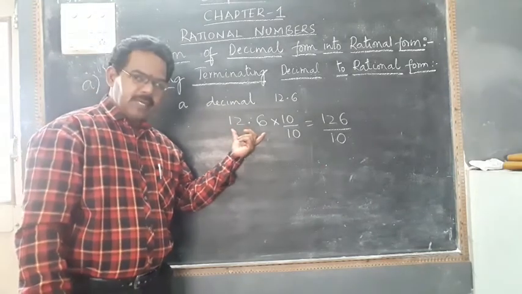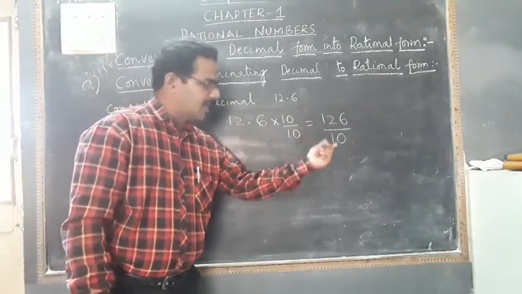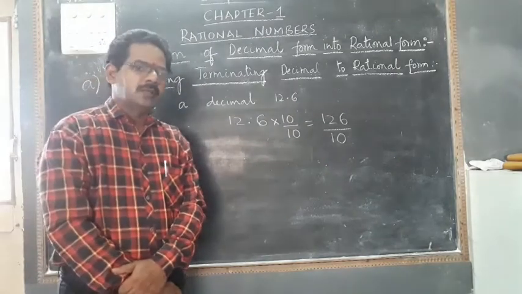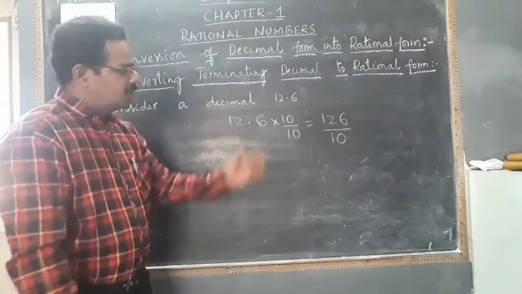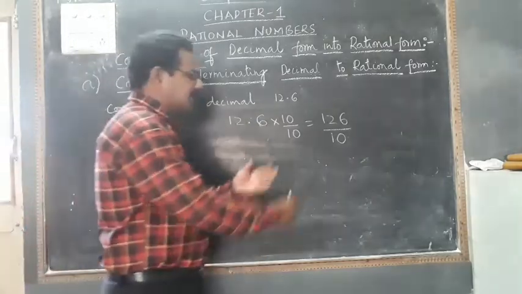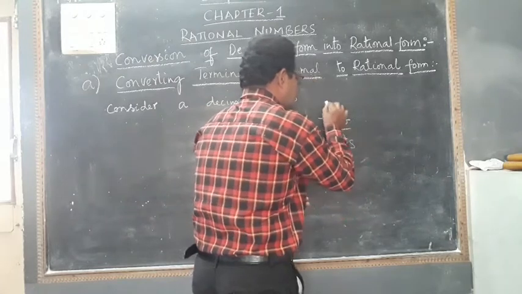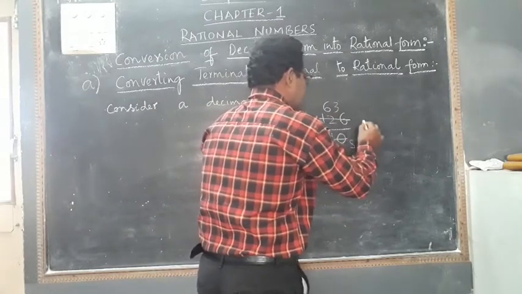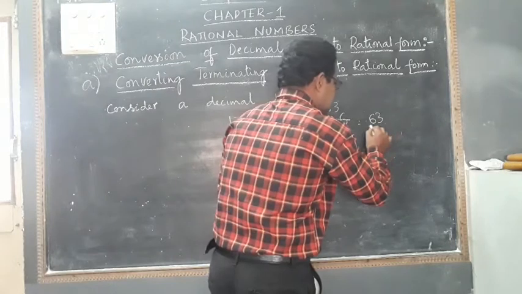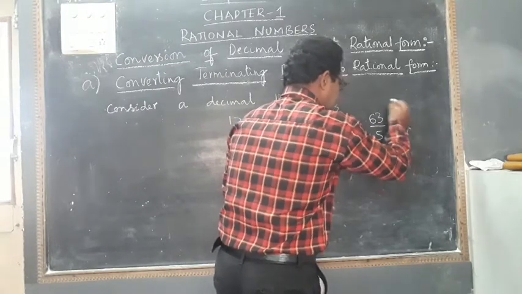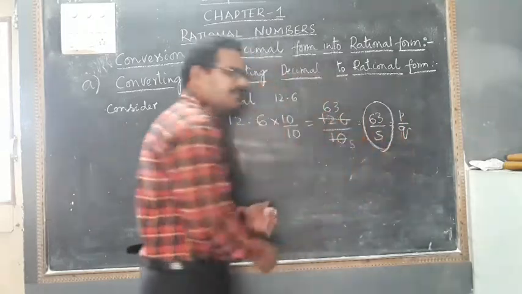So this decimal number is converted into p by q form, which we know is a rational number. So 126 by 10 you can leave like that. Otherwise we can simplify it: in the 2 table, 2 fives are 10, 2 sixes are 12, 2 threes are 6. This is equal to 63 by 5. This is in the form of p by q and it is a rational number.